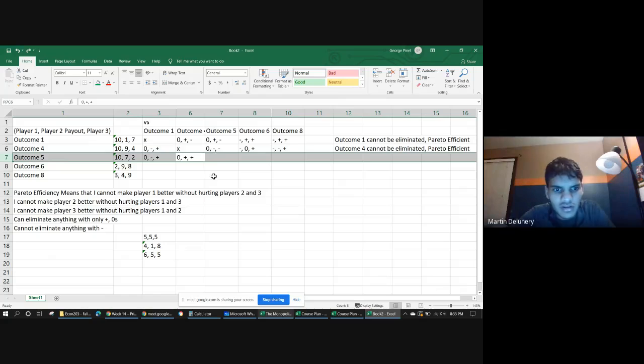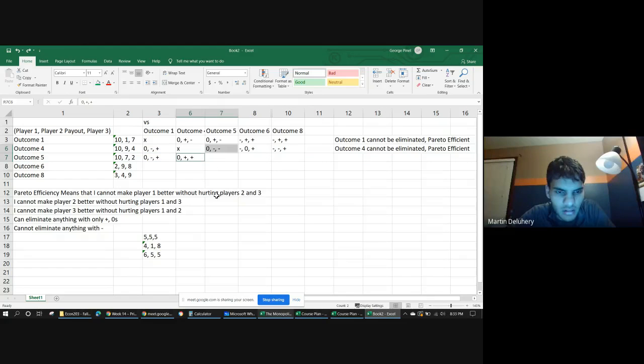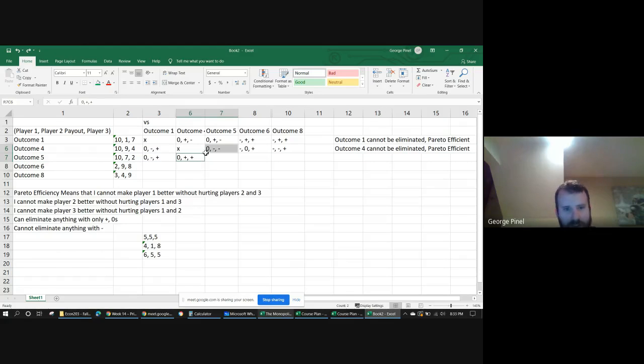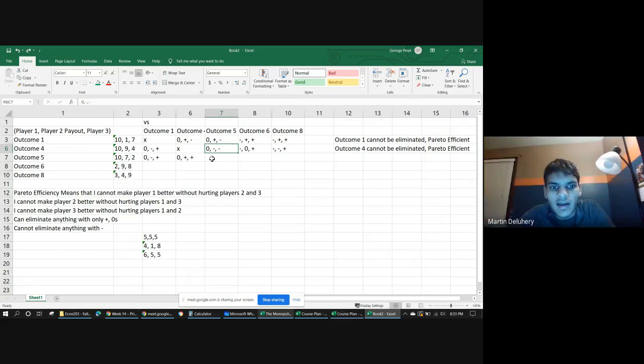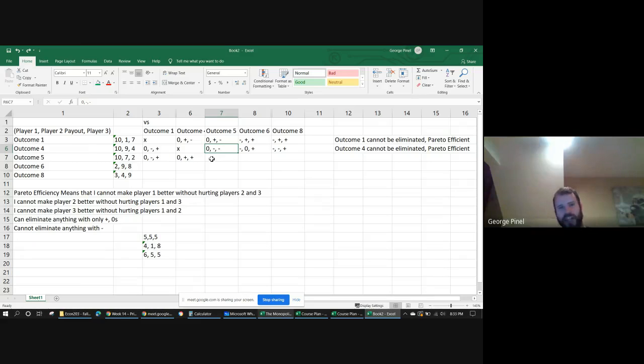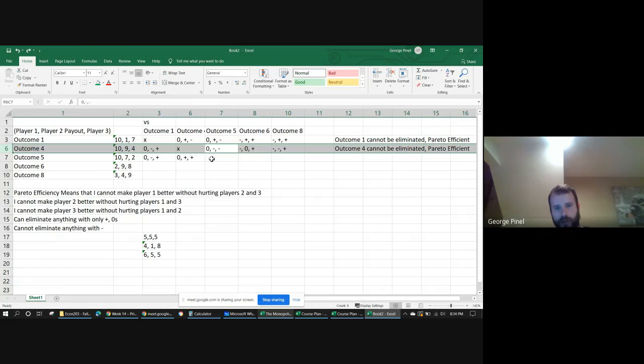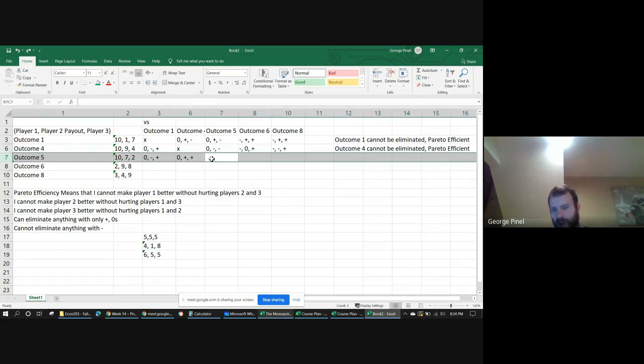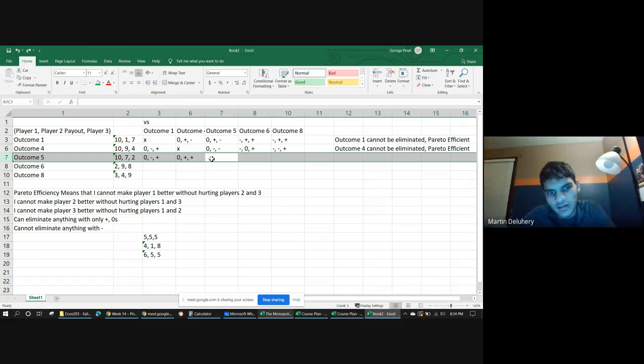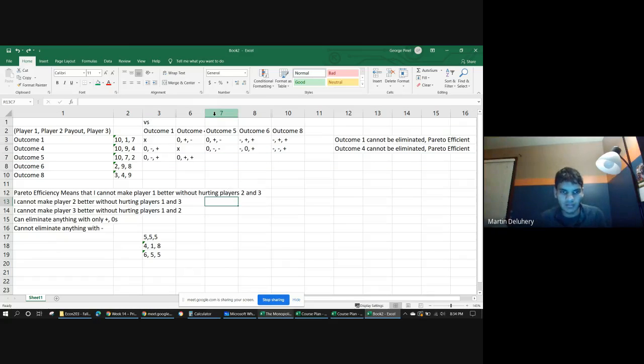This is outcome 4 versus outcome 5, and this is outcome 5 versus outcome 4. The flip side of 0, minus, minus is 0, plus, plus. So if I only have minuses and zeros, I can't eliminate the one I'm starting with, but I can eliminate the one I'm comparing against. Yeah, that makes sense. The math made sense, I just had to see a visual of it.